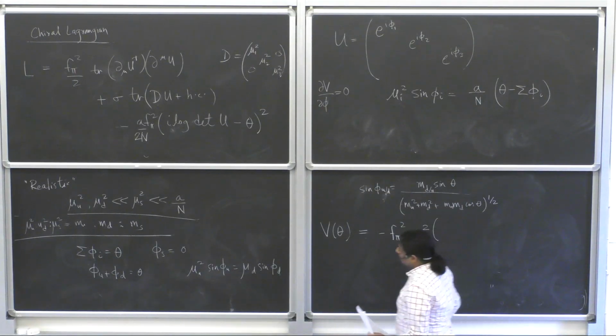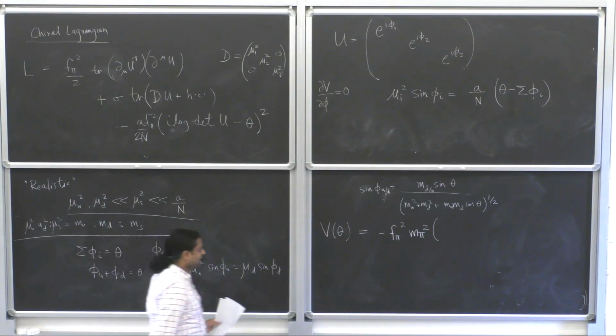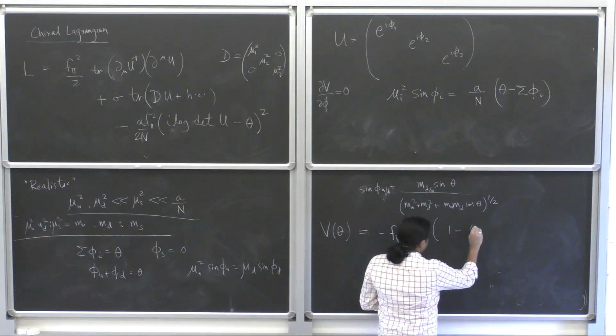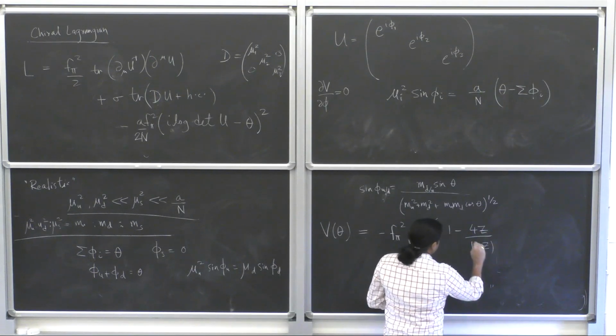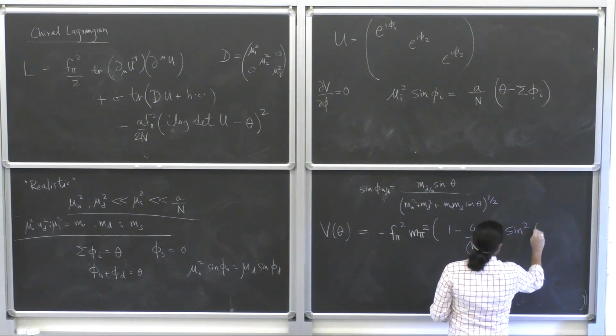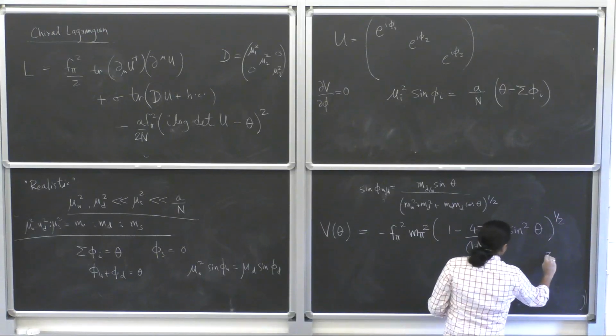Again, once you do this exercise of doing the sum rules in the chiral Lagrangian, you would see the relation between the pion mass and mu_u and mu_d. But you can write it like so, where z is just mu_u over mu_d.